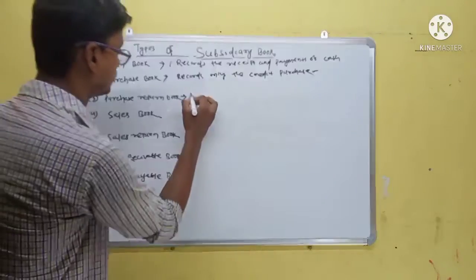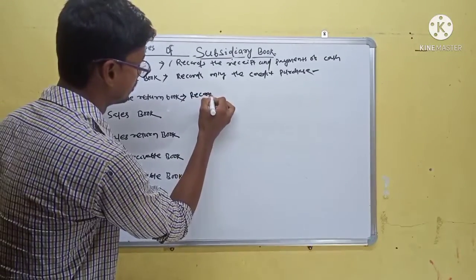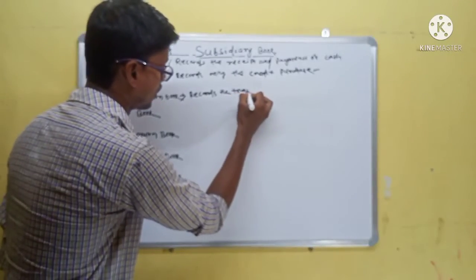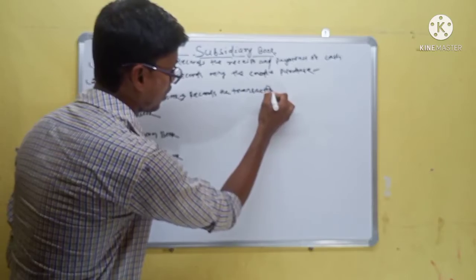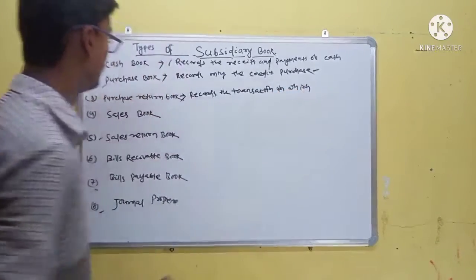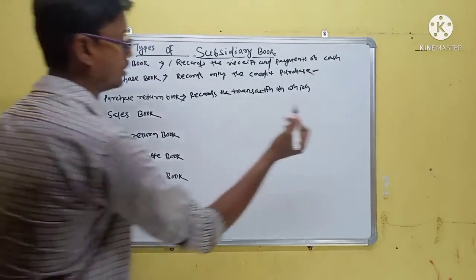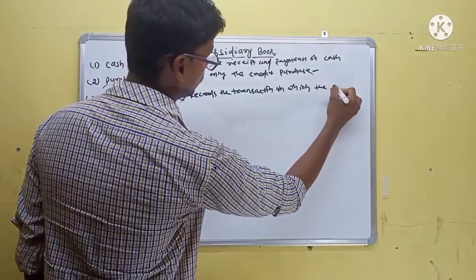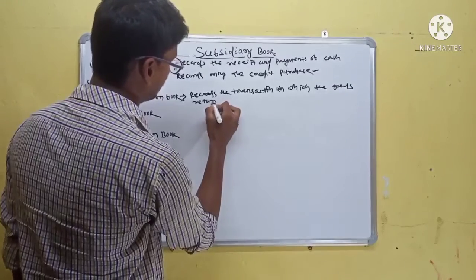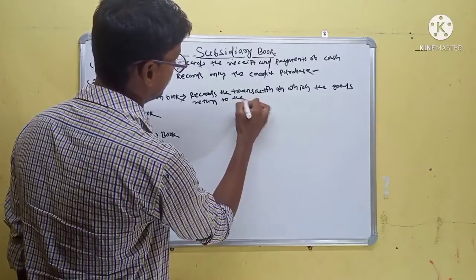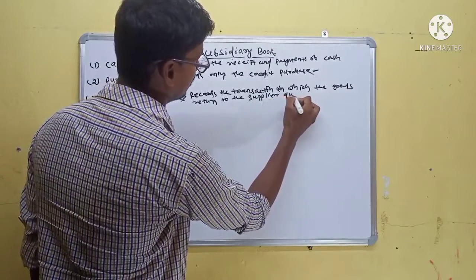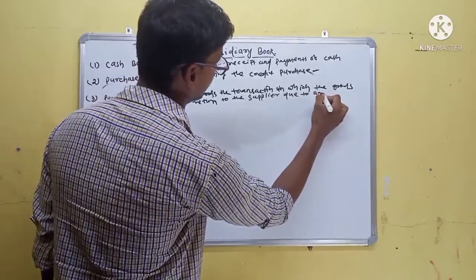And next is the purchase return book. It records the transactions in which the goods are returned to the supplier due to any reason.